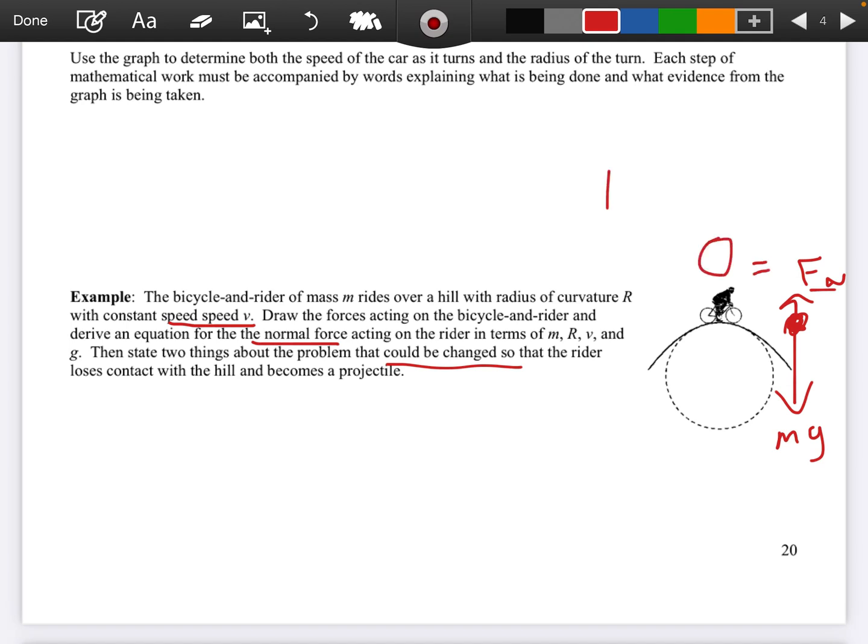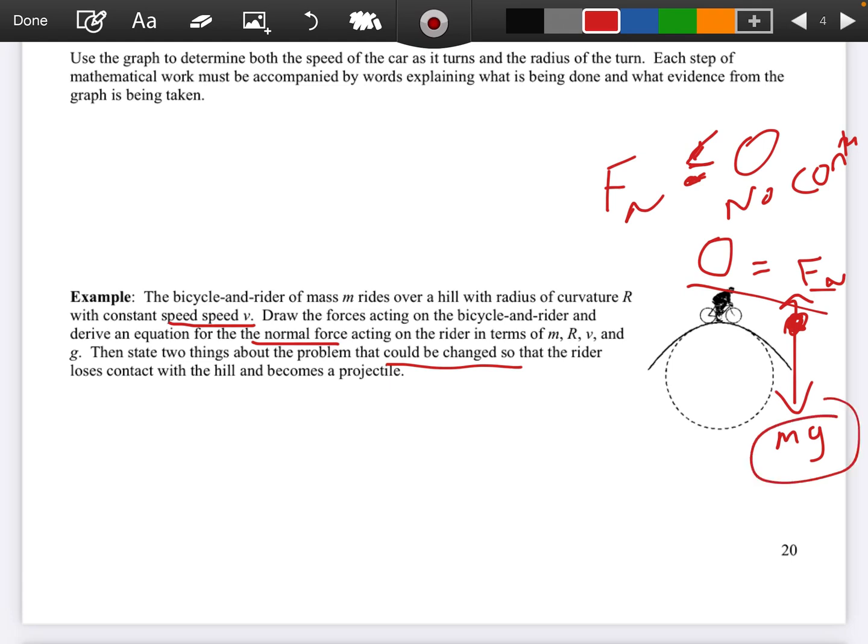If the normal force is less than 0, then there's no contact. So when it's at 0, that means it is exactly leveled out by this down here.